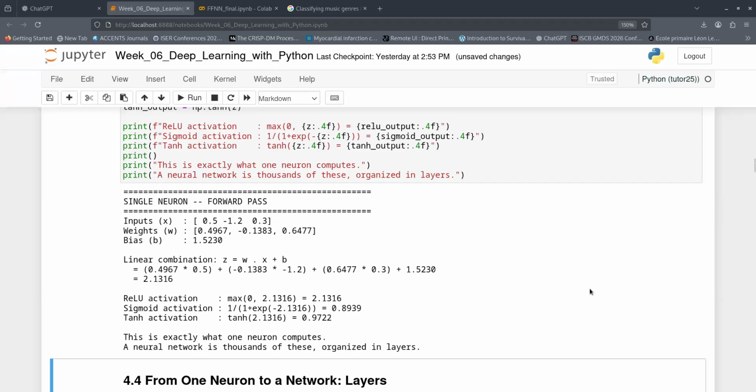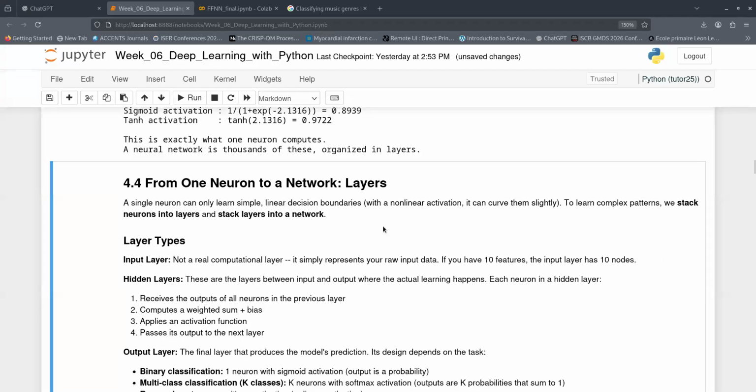This is only when we use a single neuron. Now imagine that we have thousands of these; how complex the operation will be. That's why we are going from one neuron to a network that we call layers.